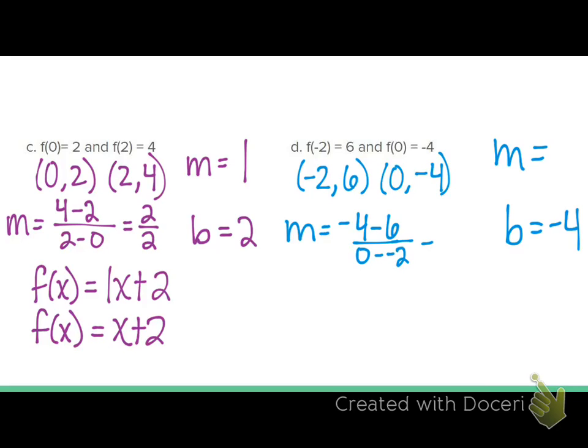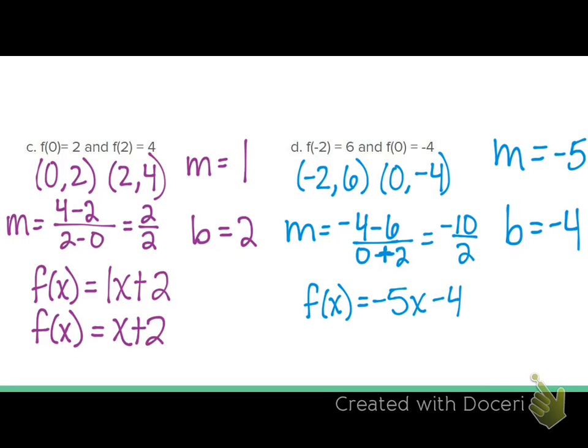Okay. 10 over 2. Careful. The 10 would be negative 10 over 2. Good. Negative 10 over 2. We end up adding there. So my slope is a negative 5. So f of x equals negative 5x plus, subtract 4. Very good. So f of x equals negative 5x minus 4.